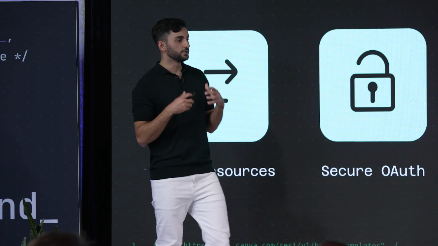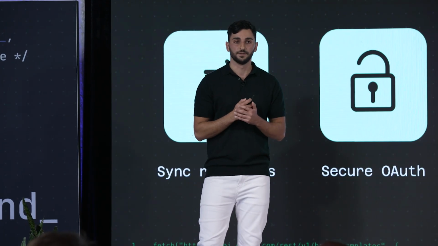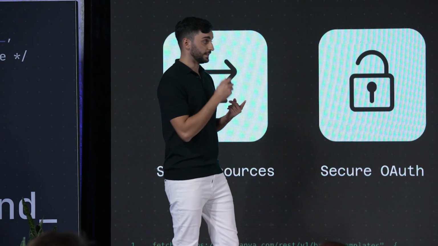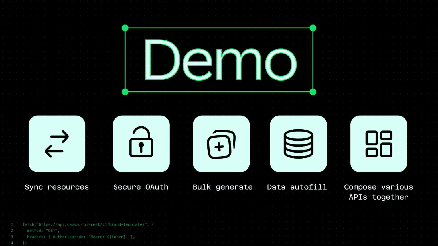So, to help you get started with our Data Autofill API, one of our most powerful and in-demand APIs, we have built and open-sourced a custom integration, specifically an online health food store.